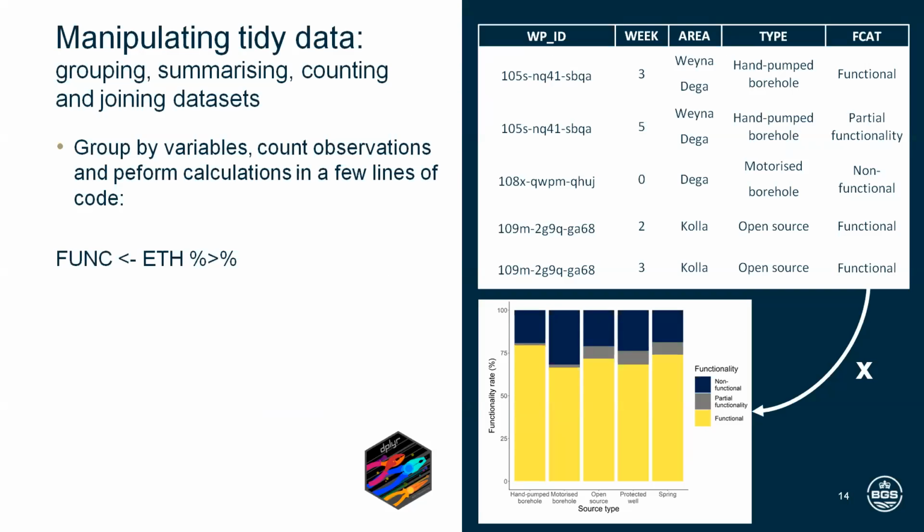So the first step that we have to do is reformat the data so that we can produce these plots. At present, we cannot go from this structure, which is what I just showed you, to this plot. So to do that, we have to use dplyr to manipulate the data. Again, I'm going to show some code here, but I don't want you to worry about the syntax or anything like that at the moment.